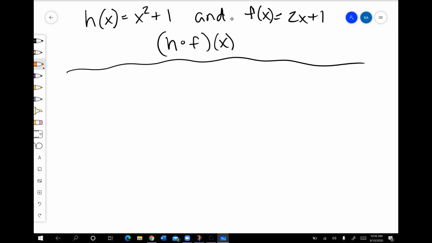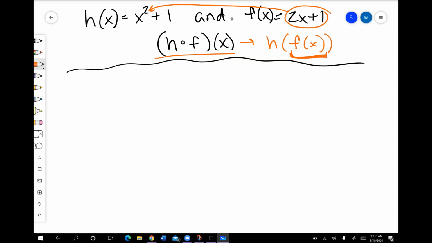Now, this is written the way we don't like it, so all this means is I want to find h of f of x. So that means I'm going to take the f of x function and substitute it into h of x. So I'm going to take this function and substitute it over here. So now I have quantity 2x plus 1 squared and then plus 1 on the outside. That squared means to write that quantity twice.